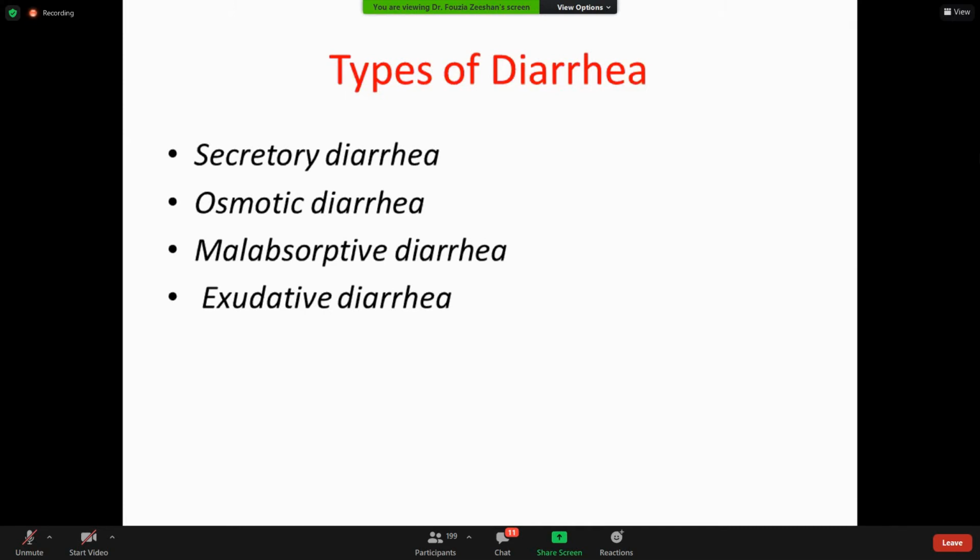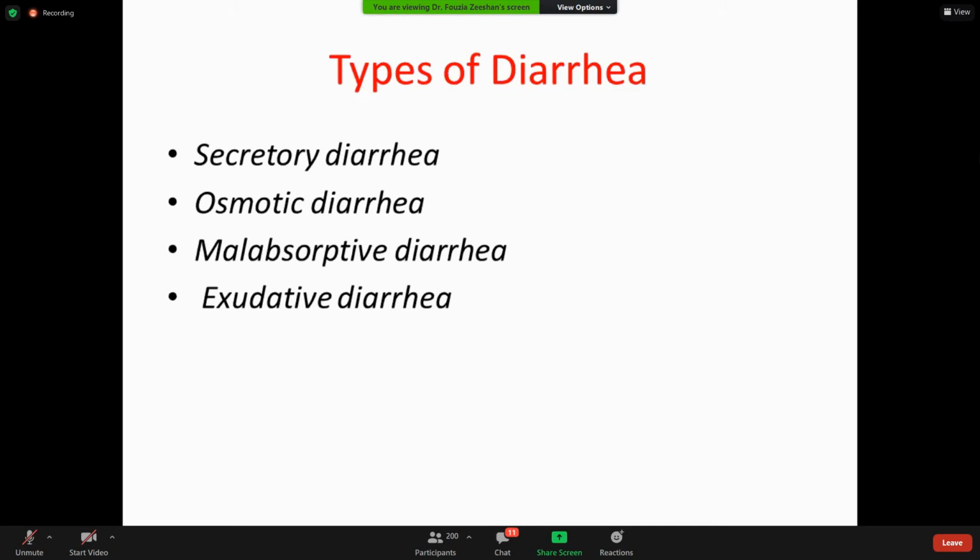When we talk about malabsorptive diarrhea, in case of malabsorption, what happens? The organisms cover the epithelium and cause mucosal inflammation. So what happens in case of prolonged malabsorption? Villi get flattened, and it could be due to some congenital defect or some defect in the ion transport system, or defect in hydrolysis of substances, or impaired enterohepatic circulation.